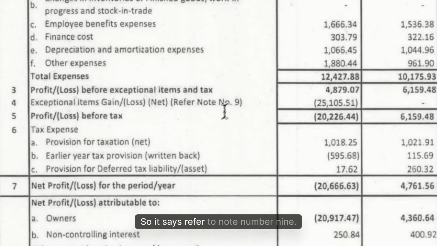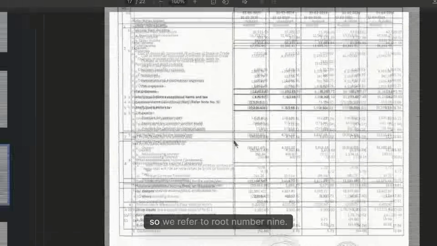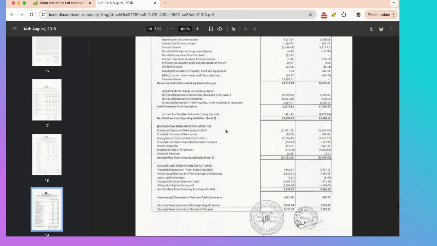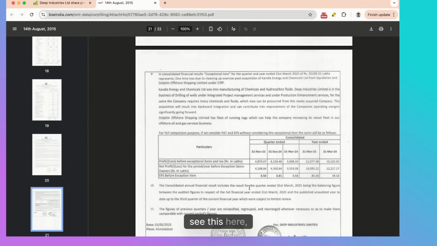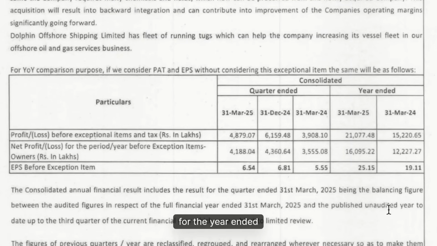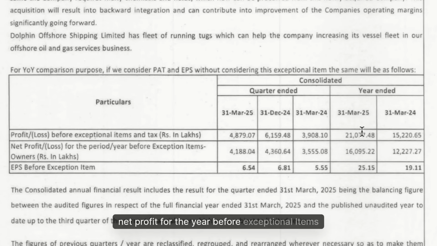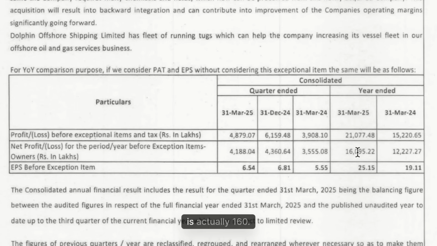So it says refer to note number 9, right? So we refer to note number 9. Let's go down. This one's 9. See this here. For the year ended March of 2025, your net profit for the year before exceptional items is actually 160.